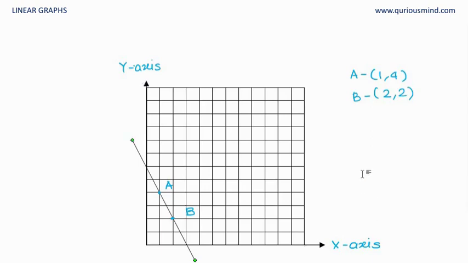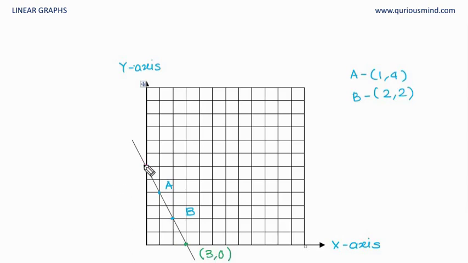And now we see this line intersects the y-axis at this point and the x-axis at this point. What are the coordinates of these two points? Let's try to find them. For this point, how much horizontal are we moving? 1, 2, 3. So the x coordinate is 3. How much vertical are we moving? We are not moving. We are on this line itself. We are not moving any distance up. So vertical is 0, and that's why the coordinates of this point are 3, 0.